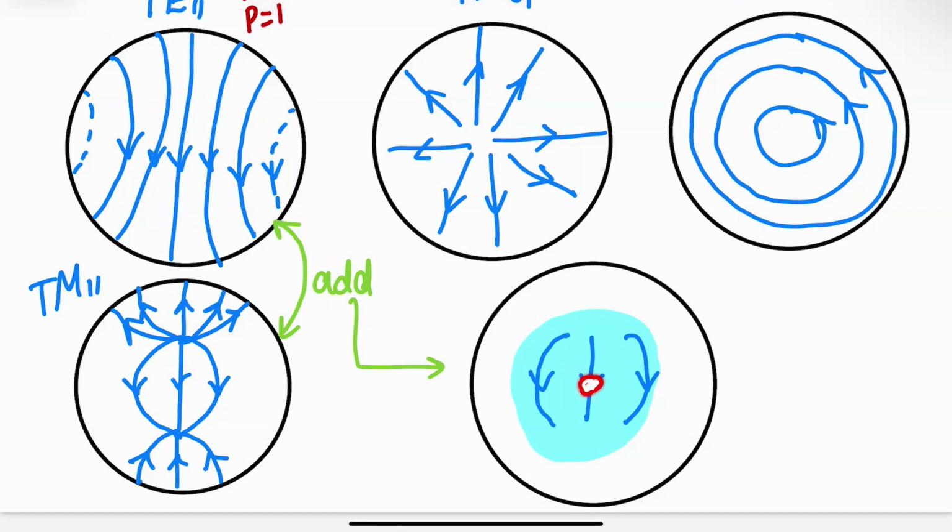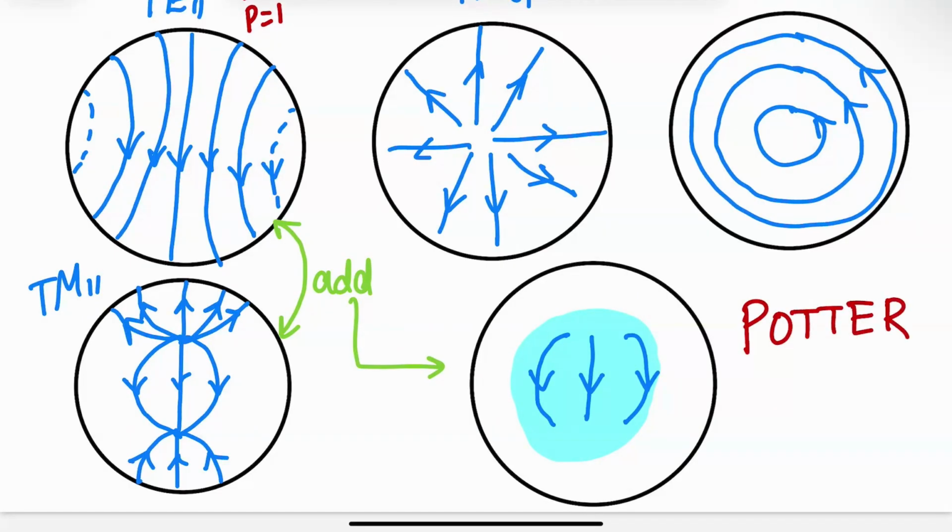You have maximum here, and then it decays out. This looks something like a nice Gaussian, right, along rho. Which means that the far field distribution, which we know is the Fourier transform of the aperture field, is also going to be Gaussian. Which means the far field distribution does not have any side lobes, right? That is exactly what a Potter horn does.